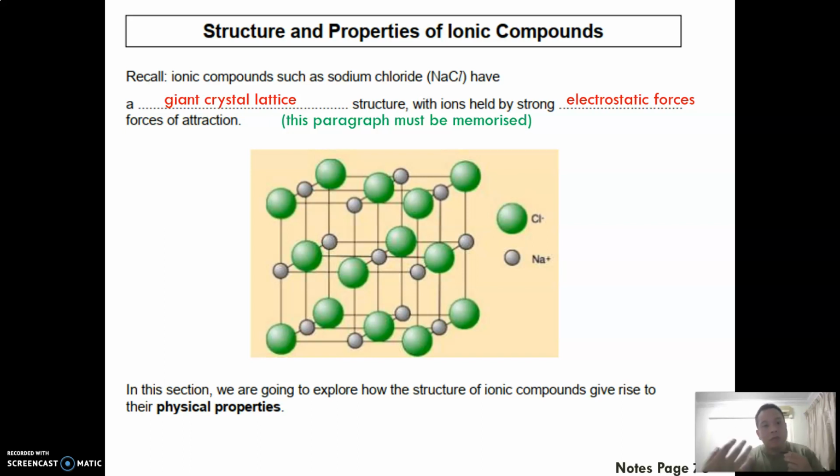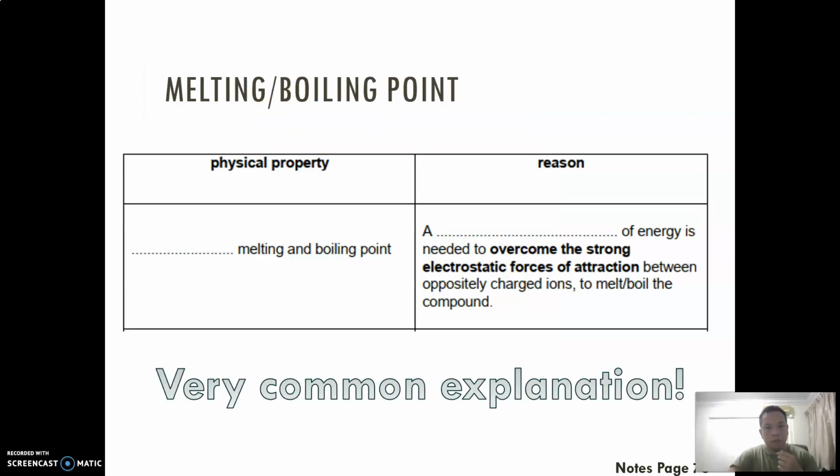Okay, so now we're going to see how this structure of ionic compounds such as sodium chloride affects the physical property of ionic substances. First one, they have a high melting and boiling point. This is because the strong electrostatic forces of attraction between the ions will require a large amount of energy to overcome.